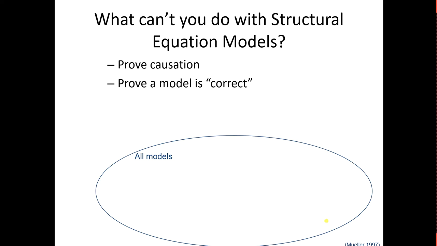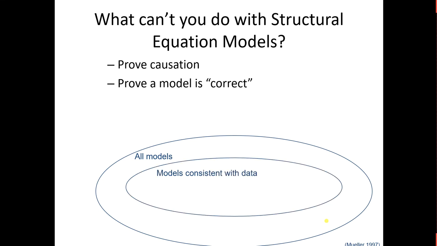Similarly, we cannot prove that a model is correct. We can simply reject or accept a model, but acceptance of a model does not mean that that model is correct. So, in any study, we have a very big population of models. I have written all models.